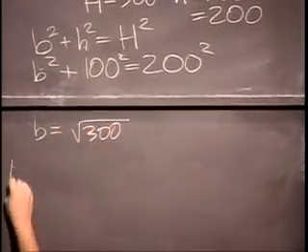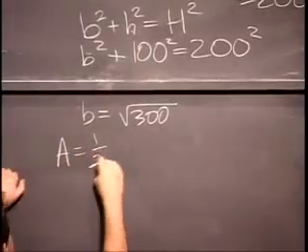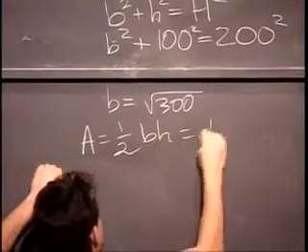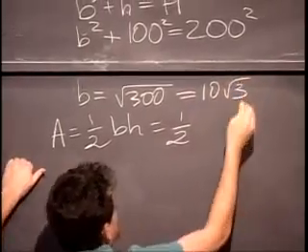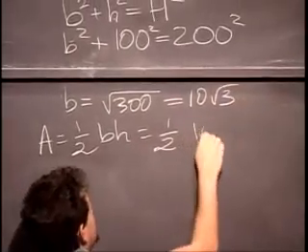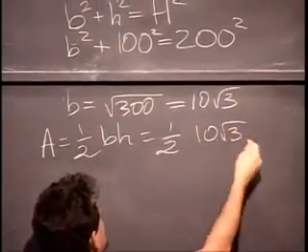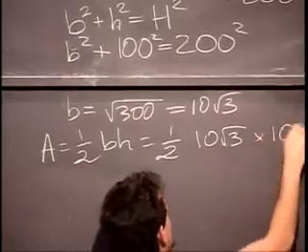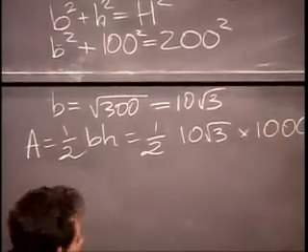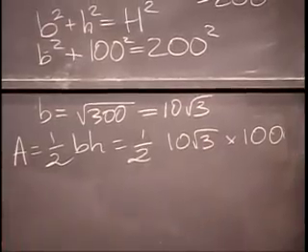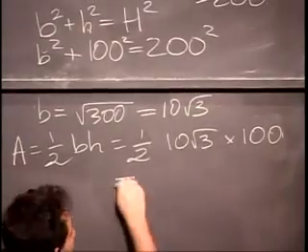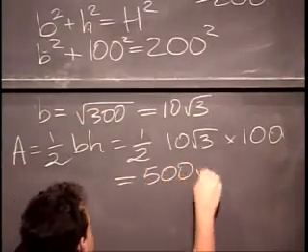And so the area is a half b h, which is a half root 300, which is 10 root 3, of course. So it's a half times 10 root 3 times h, which was 100. Oh, I wrote 1,000. Said 100. So we just substitute in all of these things, and we end up with 500 root 3.